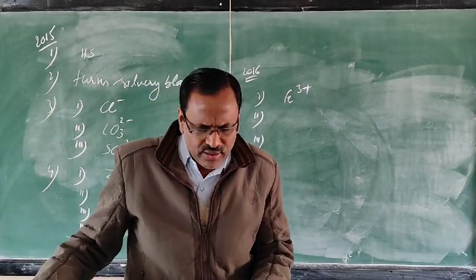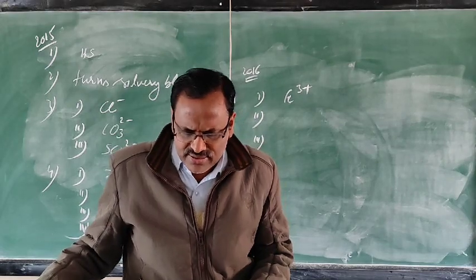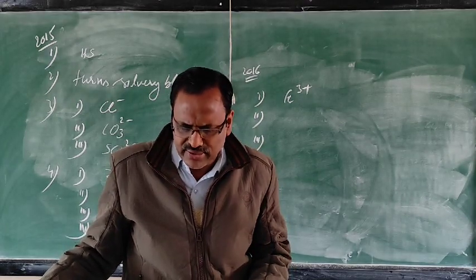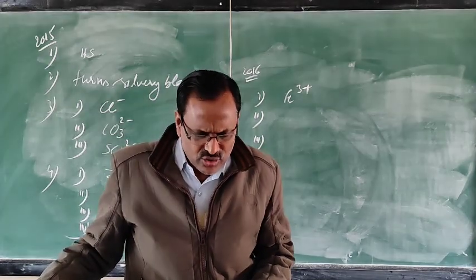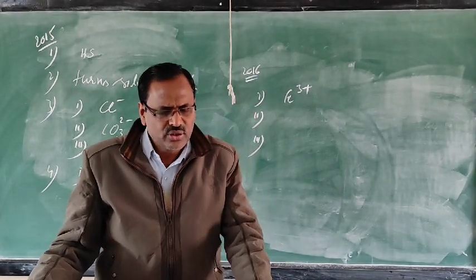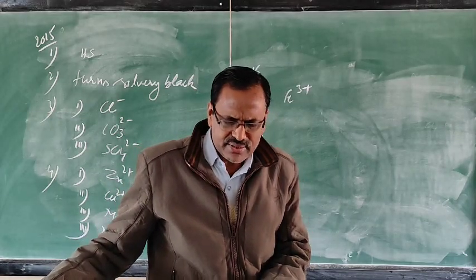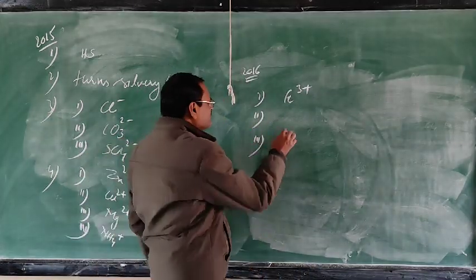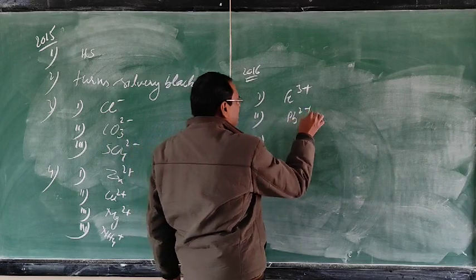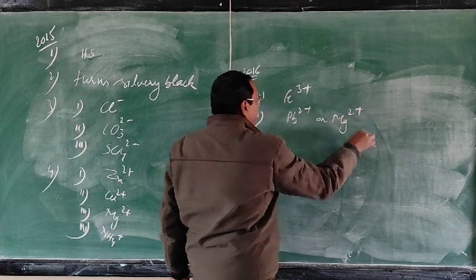Then ammonium hydroxide solution, when added to solution B, gives a white precipitate which does not dissolve in excess. So either lead or magnesium can be there, because they are not soluble. Either lead or Mg.